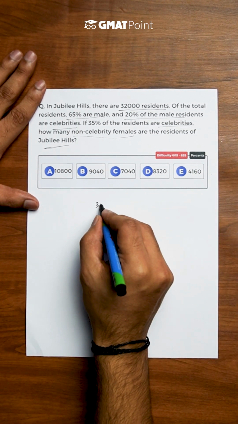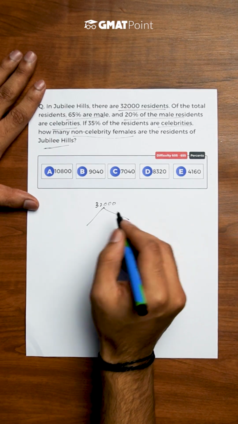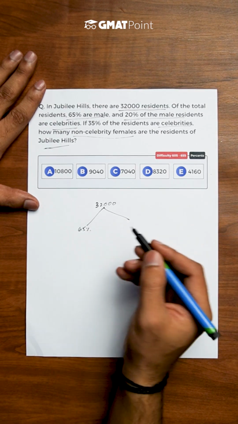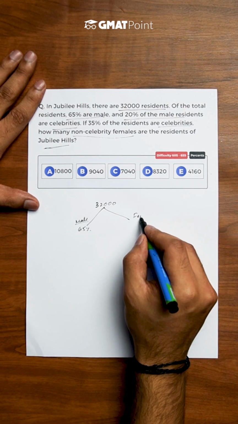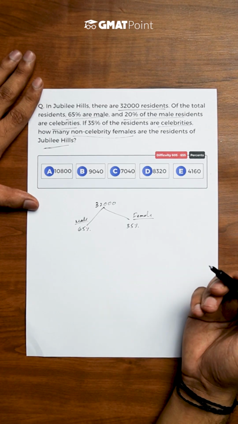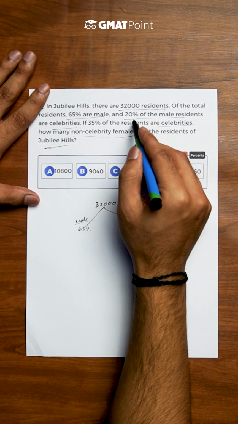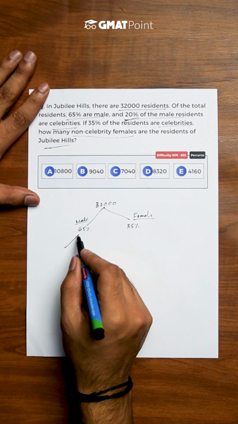So the total number of residents is given to be 32,000. Out of this, we are given that 65% are male. So the number of female residents can be calculated as 35%. Again, we are also given that out of the male residents, 20% of them are celebrities.